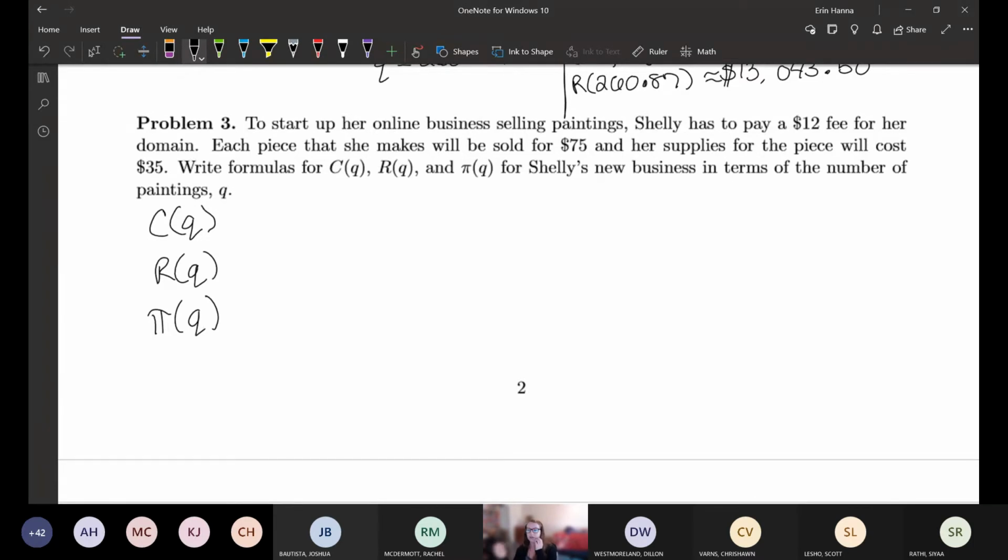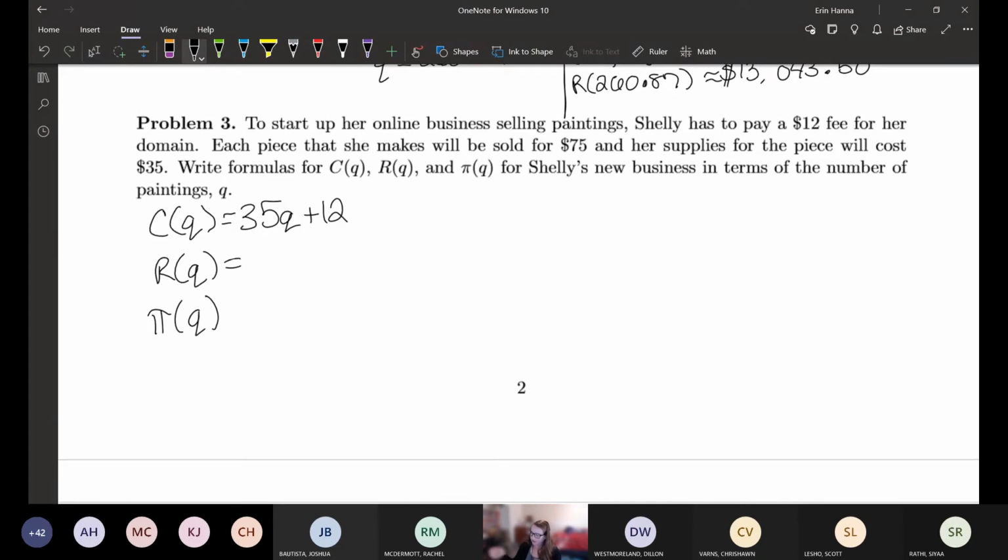Her supplies for the piece, since it's for that particular piece and not just a generic supply like an easel or something like that, it's a supply per piece. That would be a marginal cost. So we would have 35Q plus 12 for our cost function.